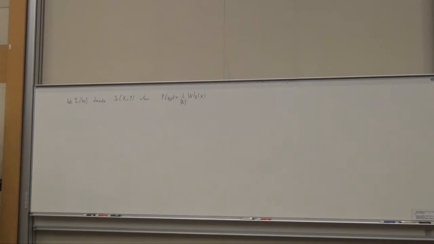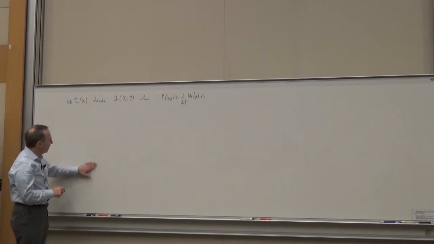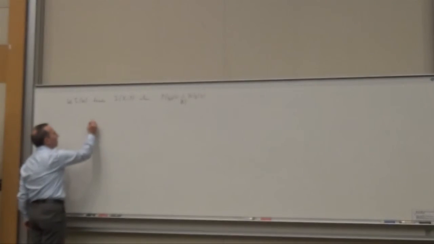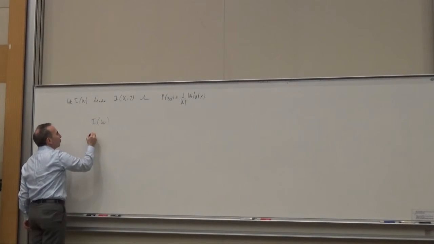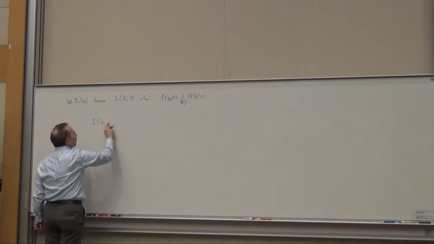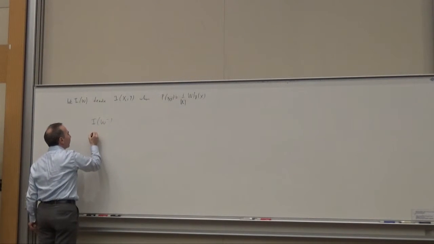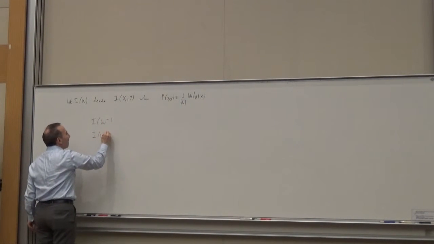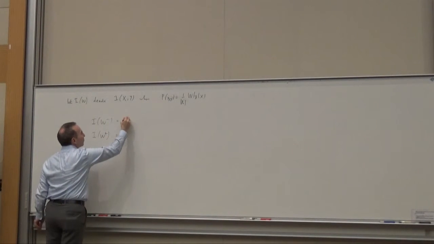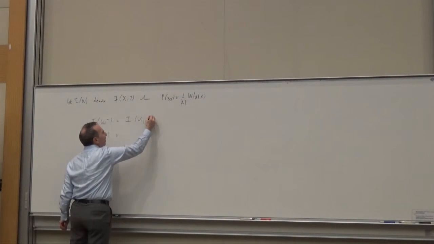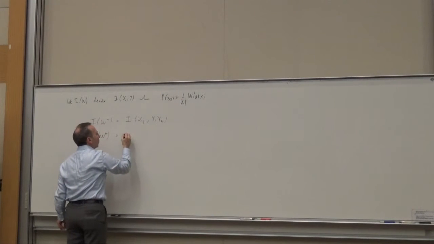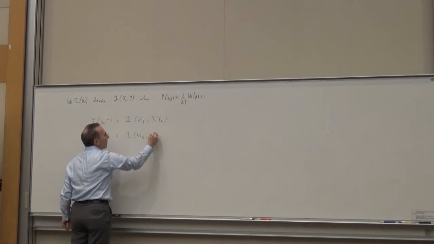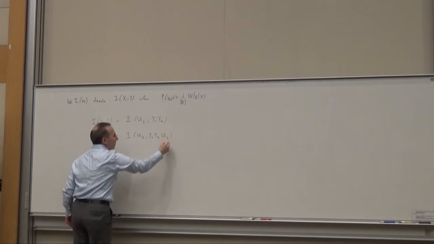Now, let's take a look at I(W), let me take a look at I(W minus) and I(W plus). There's a mutual information between U1 and Y1, Y2. There's a mutual information between U2 and Y1, Y2 given U1.